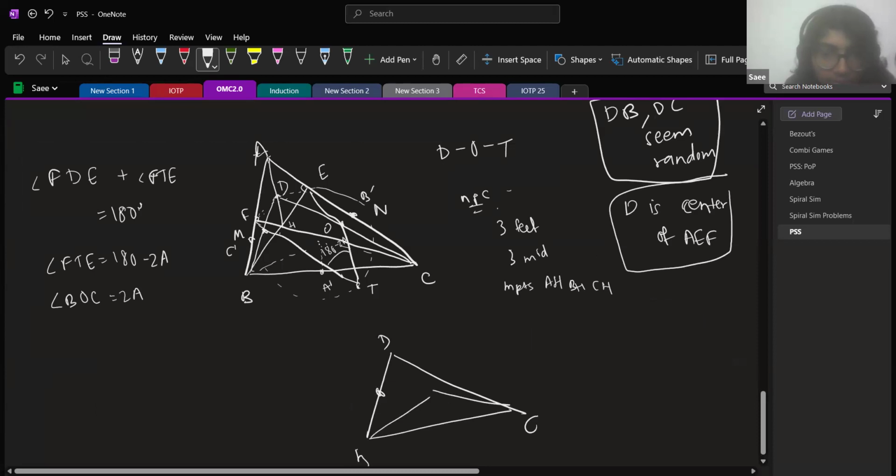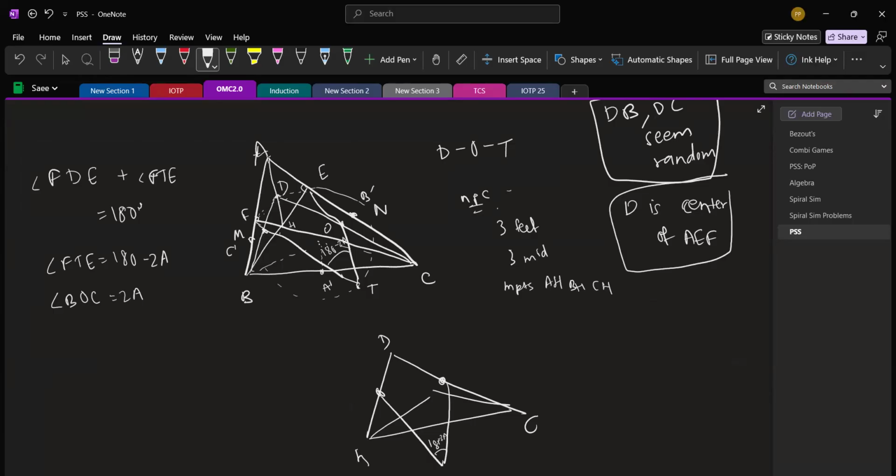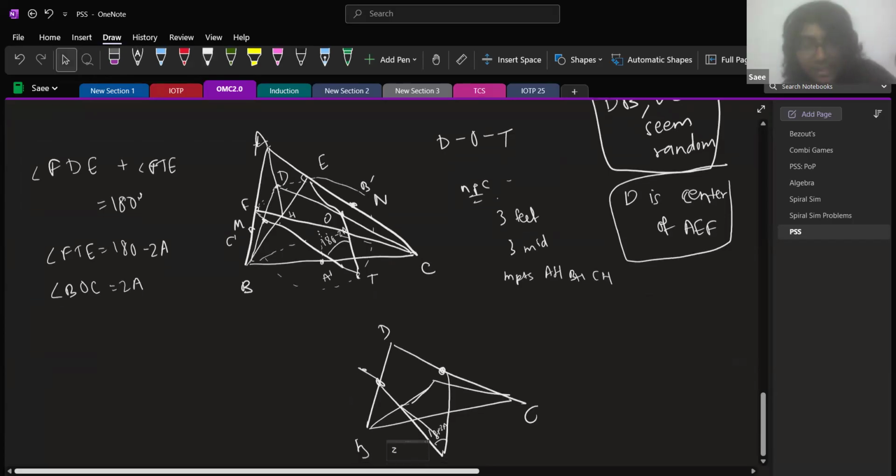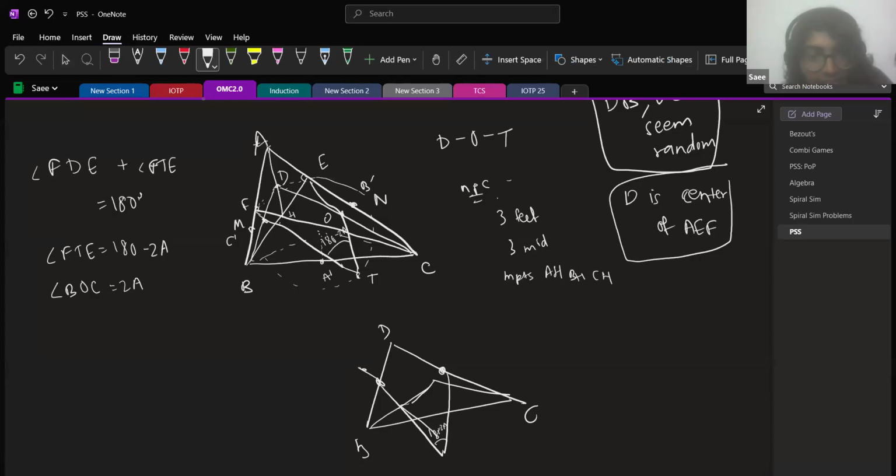We have these midpoints, and some angle over here which is 180 minus 2A. There's a cyclic quadrilateral in the middle, right? But you just said something before that. The midpoints, we are not able to figure out what to do with the midpoints. Can you figure out what to do with them based on this somehow?